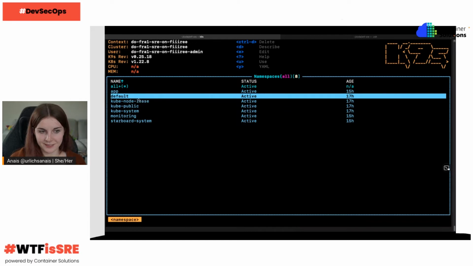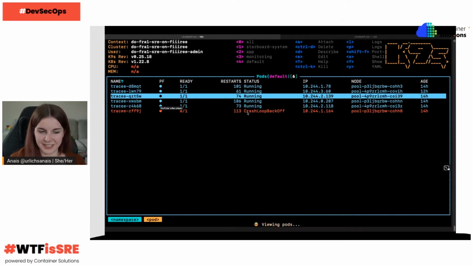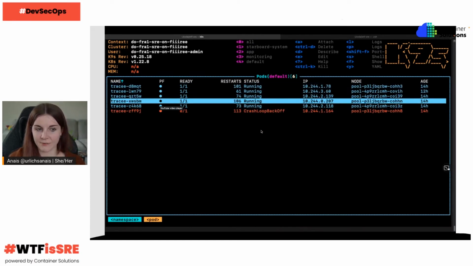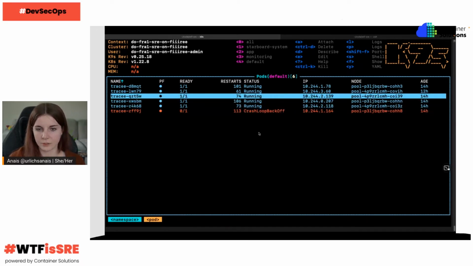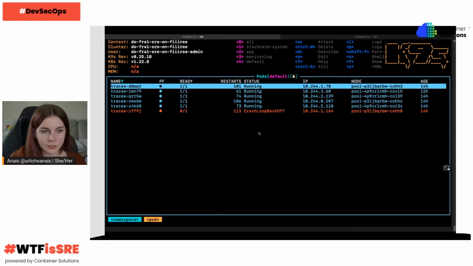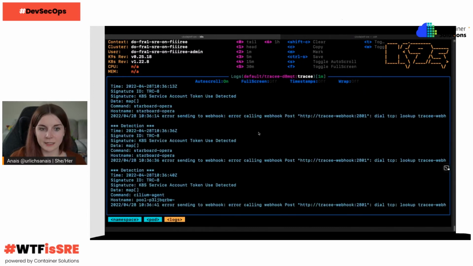In the default namespace, I have Tracee running. Tracee is monitoring every single node, so you have one pod running for every node, and it's collecting all of the events based on rules.